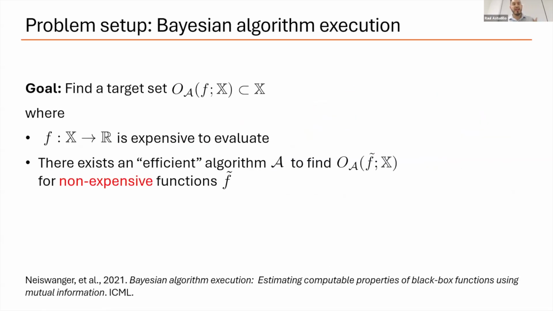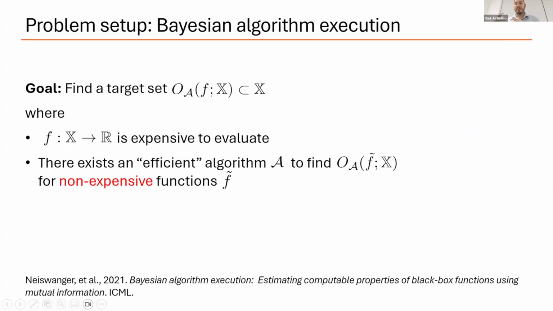So let me formalize the problem setup, and then I'll tell you what the strategy is. Here, instead of supposing that the goal is to find the maximizer of the function, the goal is to find what I'm going to call a target set. I'm going to use this notation to denote this target set. This target set is going to be computed via some efficient algorithm.